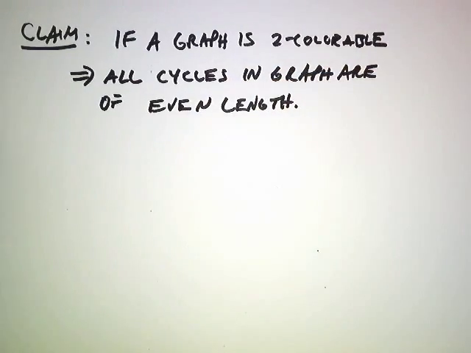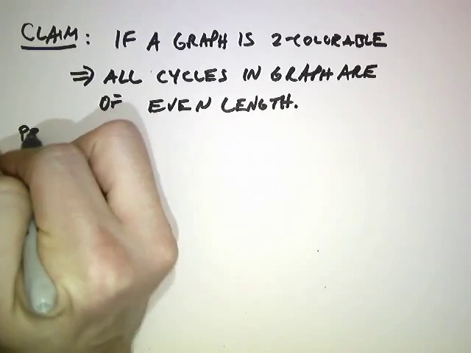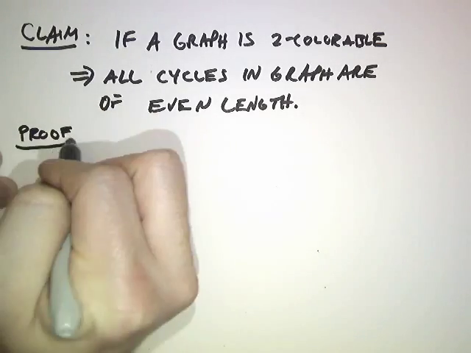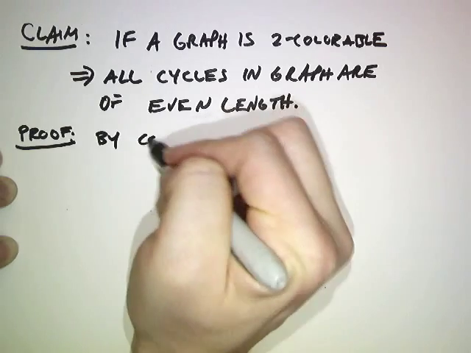So let's think about this claim. It's saying if we have a graph, we know it's two colorable. This implies that any cycles that appear in this graph have to be of even length. So how do we prove this? Well, it's by contradiction.